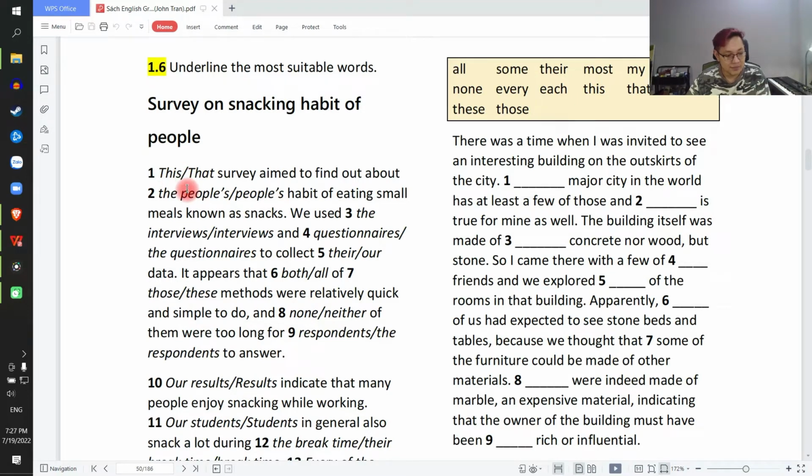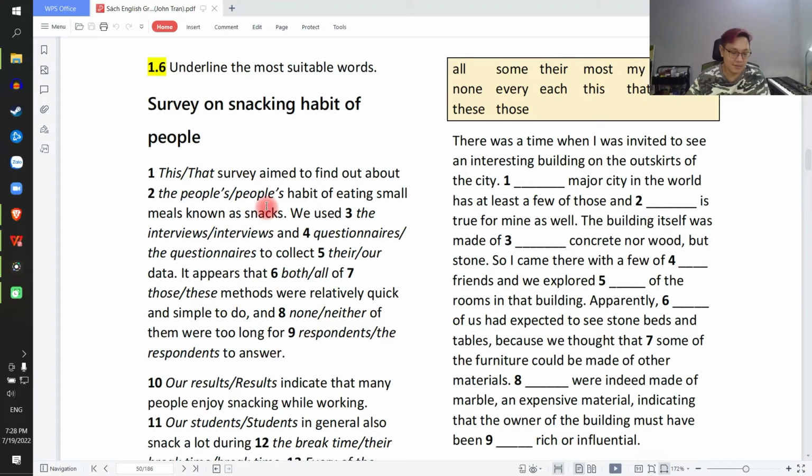Cái này ngay lúc đầu, tiêu đề nó đã là khảo sát về thói quen ăn vặt của con người. Thì ngay đầu tiên cái khảo sát, người ta sẽ phải giải thích là cái khảo sát này để làm cái gì. Cho nên nó phải là cái khảo sát này chứ không phải cái khảo sát đó. Nó phải là this survey mới đúng. This survey aimed to find out about people's habit of eating small meals known as snacks.